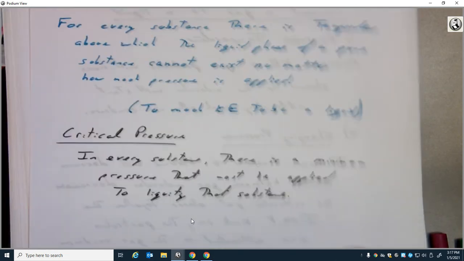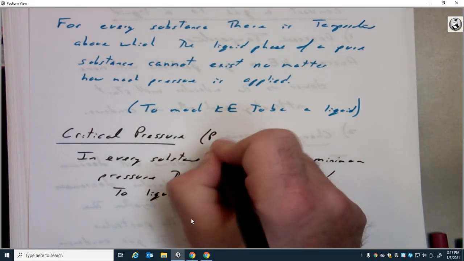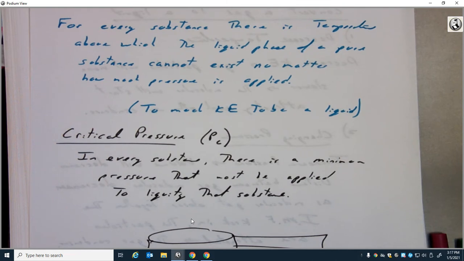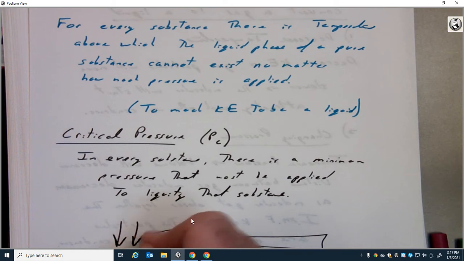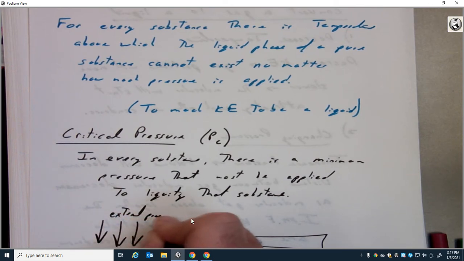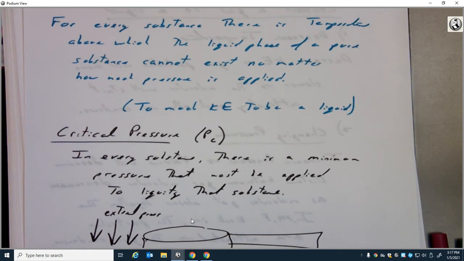This is P sub C. Let's go back to our pot of water. Remember, this doesn't boil because there's an external pressure. So when my vapor pressure equals the external pressure, it will boil.